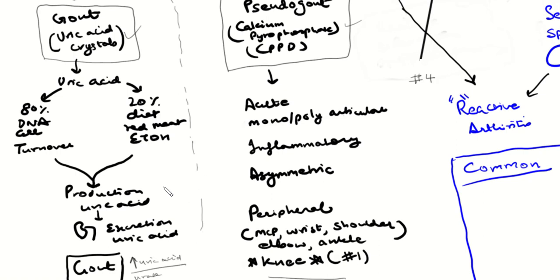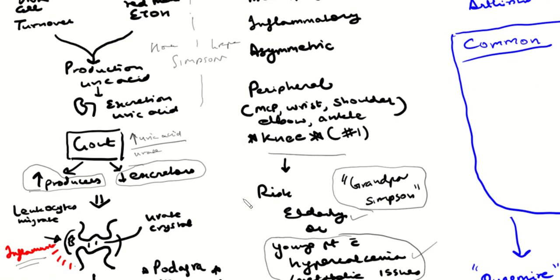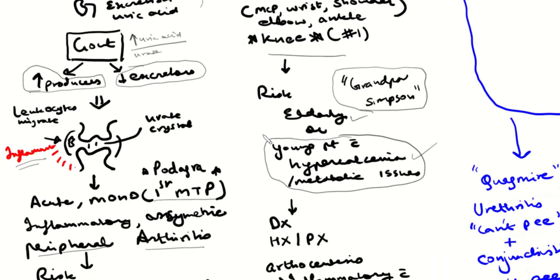Again, the first MTP or the big toe or podagra for uric acid, it's males 30 to 45, it's knee and elderly males. Homer Simpson and Grandpa Simpson. Knee with pseudo-gout or calcium pyrophosphate disease.